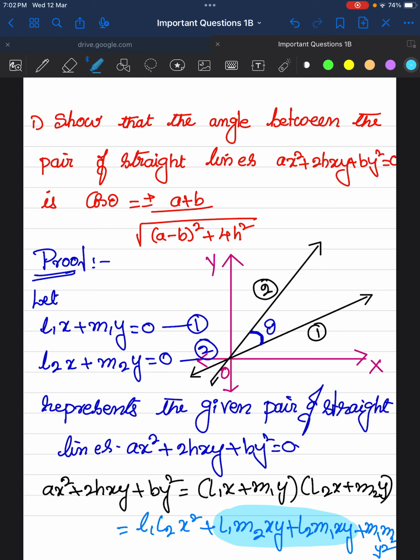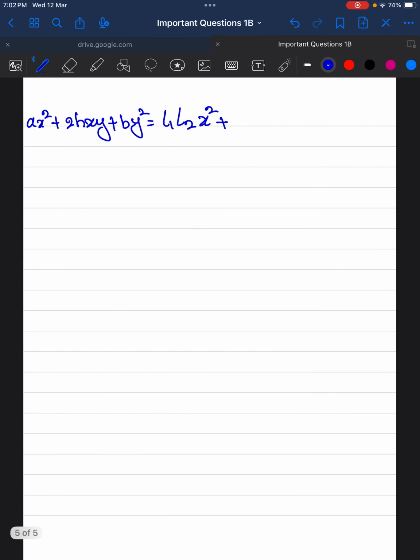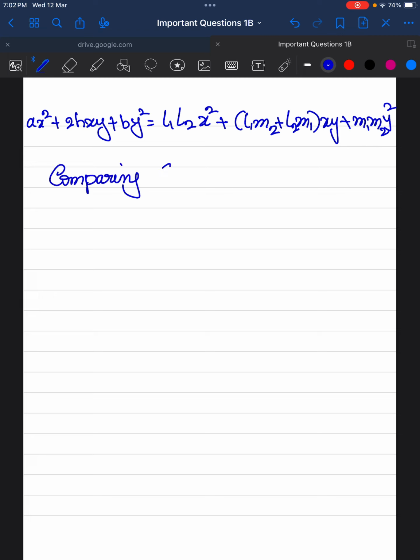I'll get (L1 M2 plus L2 M1) into xy, plus last term M1 M2 y square. Now what we are doing is comparing coefficients on both sides. So what happens if I compare the coefficients on both sides?